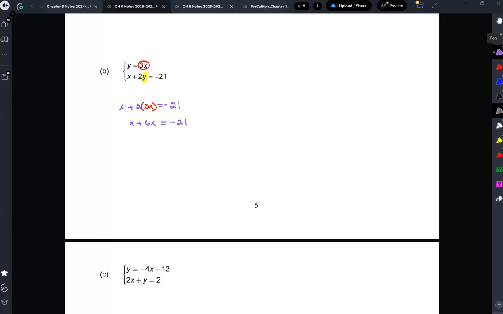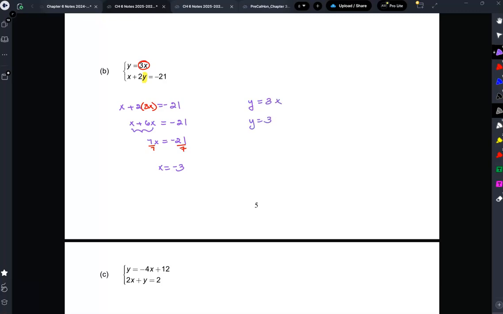Should we erase? Let's do it. On your mark, get set, go. Combine this first. Is that right? Now what do I do? And what's x? Negative 3. Now what am I going to do? Plug it in for the other one. Y equals 3x.